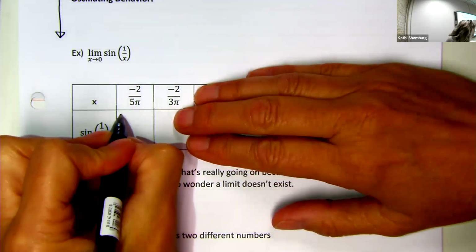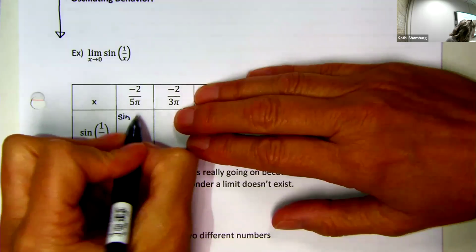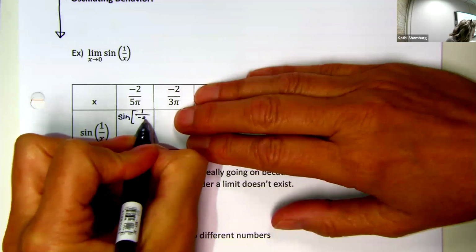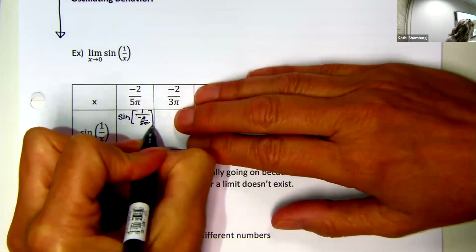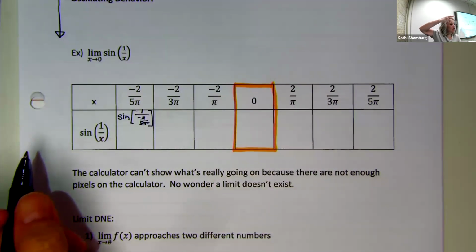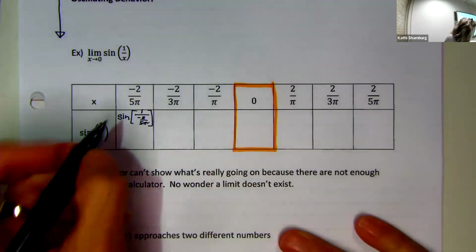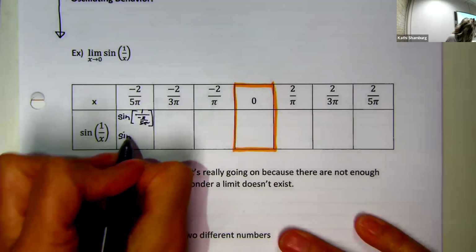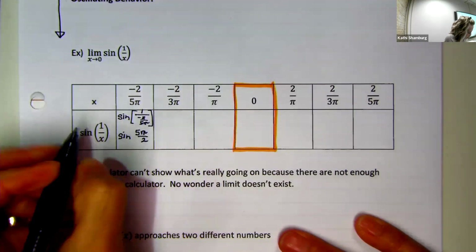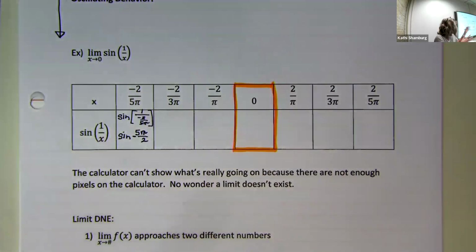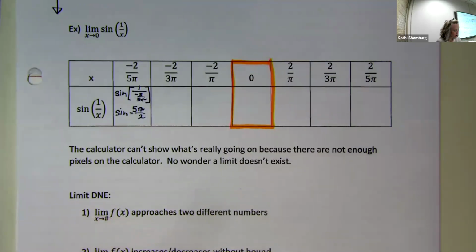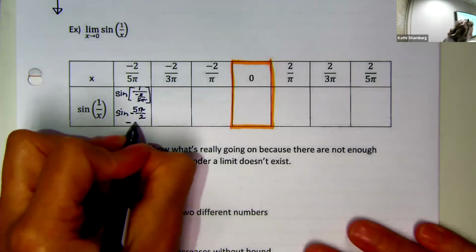So what that means is we would want to plug in sine of 1 over, and for x I'm putting in -2 over 5 pi, which technically means then we're going to do 1 divided by that, you flip that. So technically what we're looking for is the sine of 5 pi over 2, and this is negative. I don't have my unit circle with me, but if you looked on your unit circle, this would give you -1.